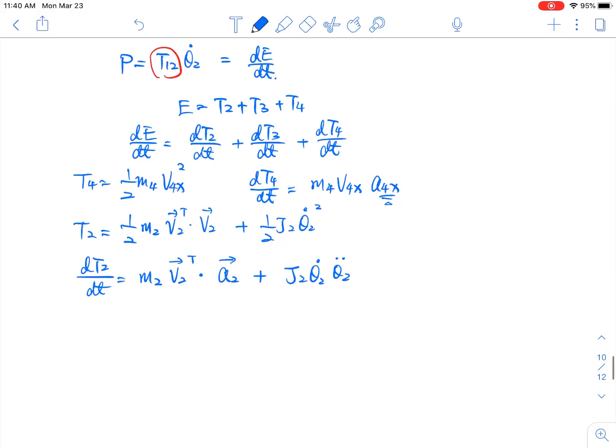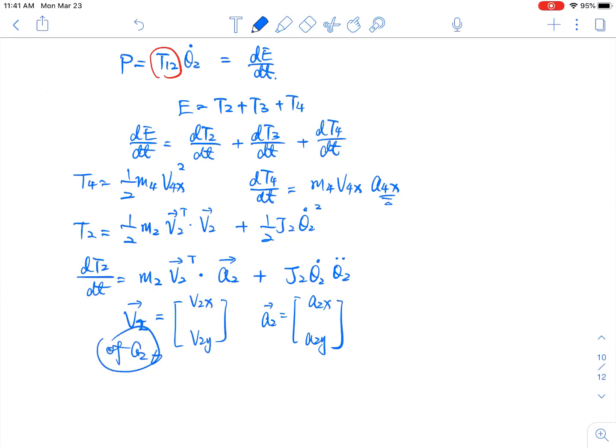All right, so what are these v2 vectors? Your v2 is v2x, v2y, and your a2 is a2x, a2y. This v2 is the velocity of the center of gravity g2.